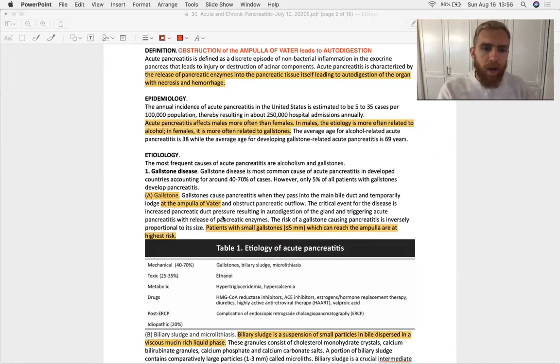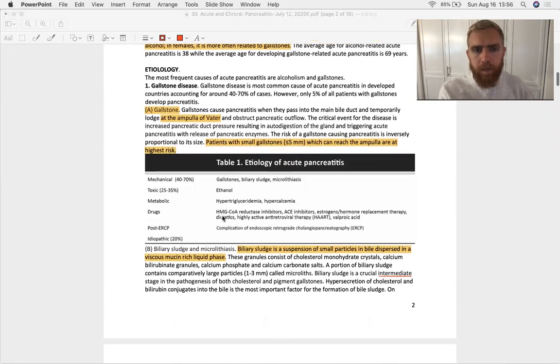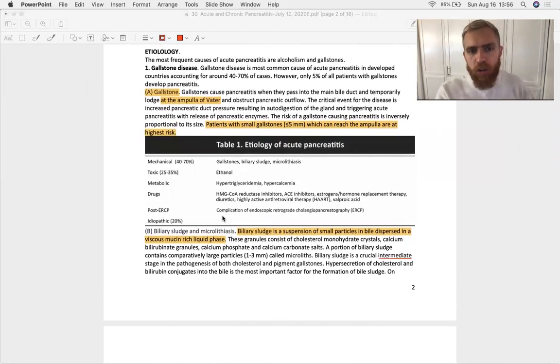Now let's talk about etiology of acute pancreatitis, different causes, and what they all have in common is that they obstruct the ampulla of Vater somehow, causing a buildup of those autolytic pancreatic enzymes. Gallstones like to lodge within that ampulla and block up outflow.